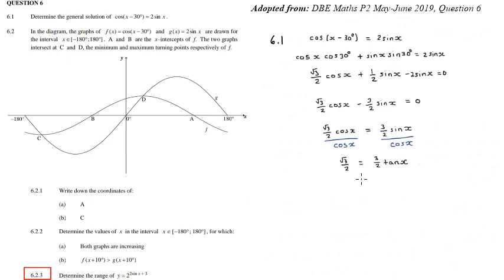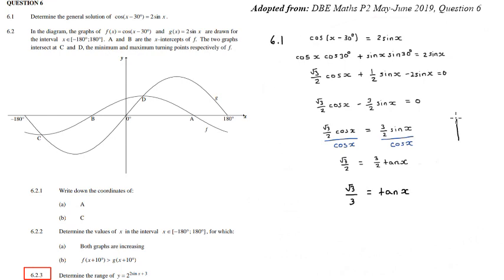Simplifying from here, we just need to divide both sides by 3/2, which is basically the same as multiplying both sides by 2/3, which gives us root 3/3 equal to the tan of x. So we now have the tan of x equal to a positive number.